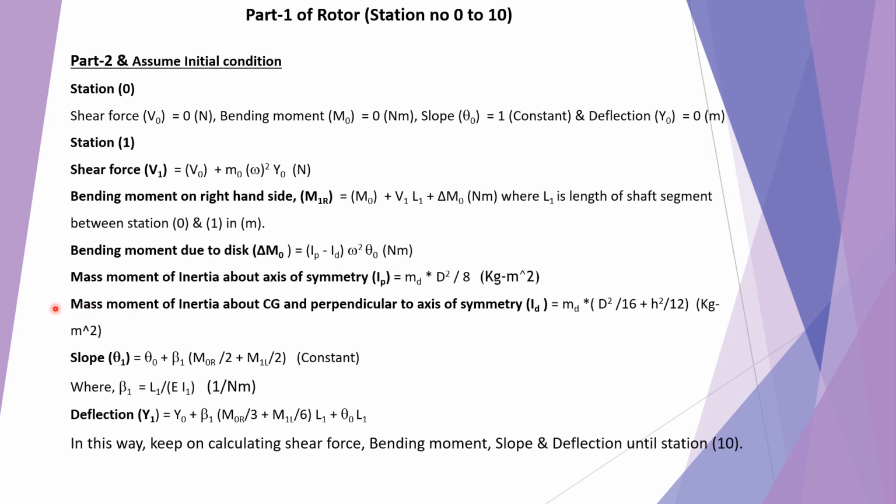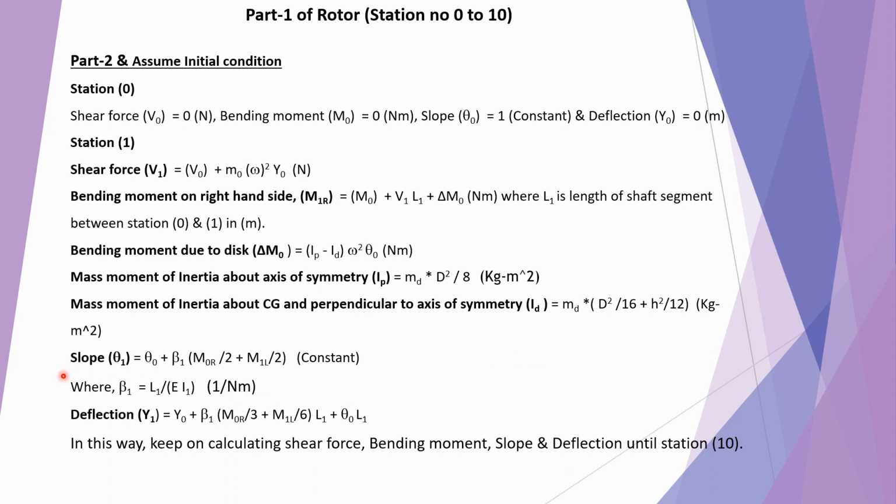Mass moment of inertia about the axis of symmetry, IP, is equal to md into d square by 8, and mass moment of inertia about CG perpendicular to the axis of symmetry, ID, is equal to md into bracket start d square by 16 plus h square by 12 bracket close.